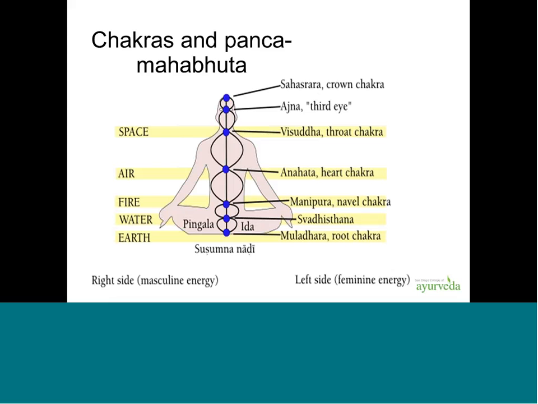Mostly it is described as being, when you are sitting in an asana, the part which is going to be touching the ground. It's the, what is that called? The perineum. So that is the location of the Muladhara chakra.